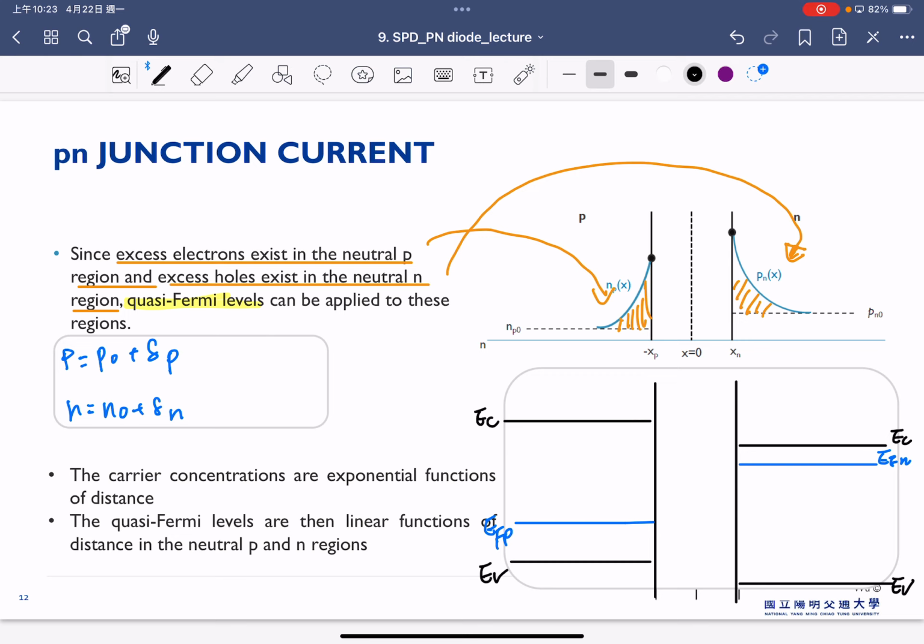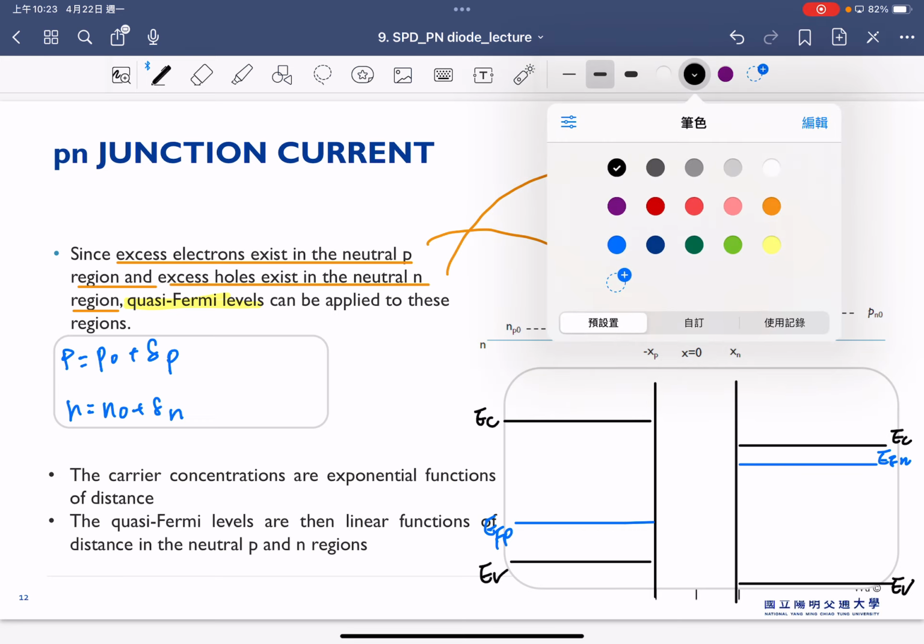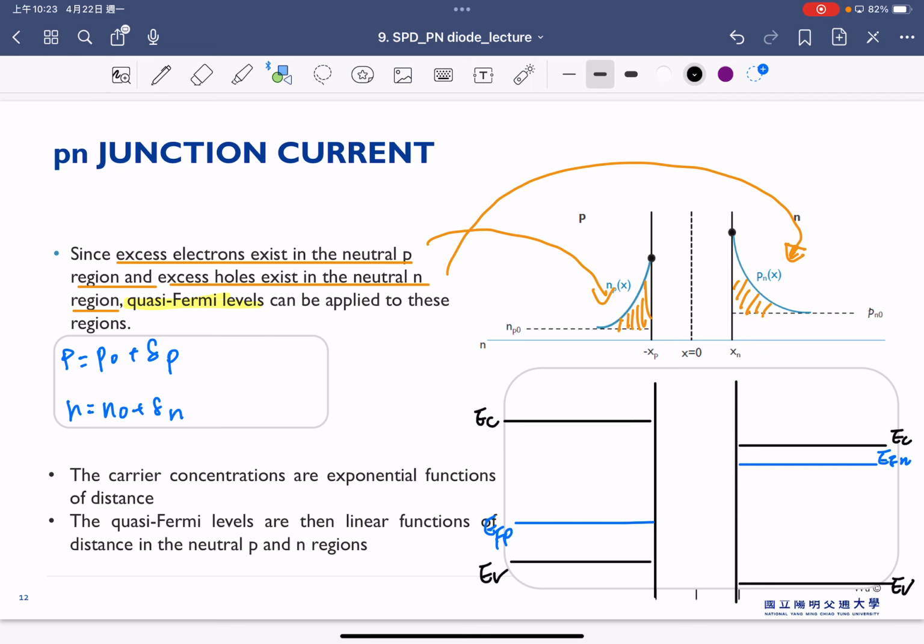And then our intrinsic level is here. Right now we have to consider the quasi-Fermi energy.